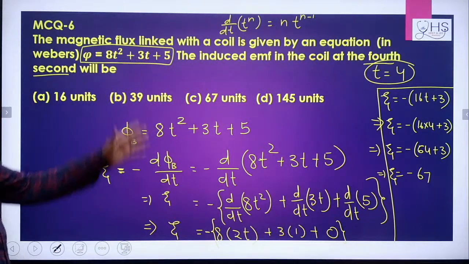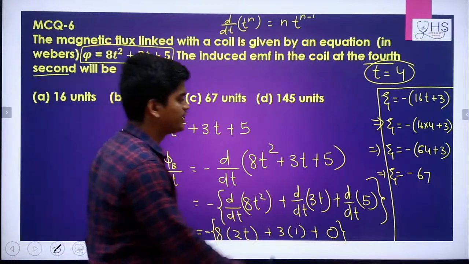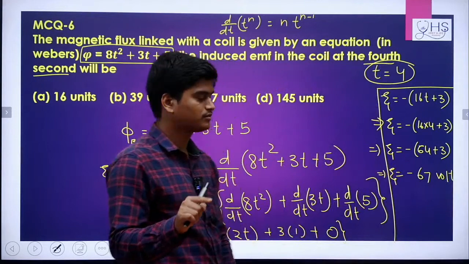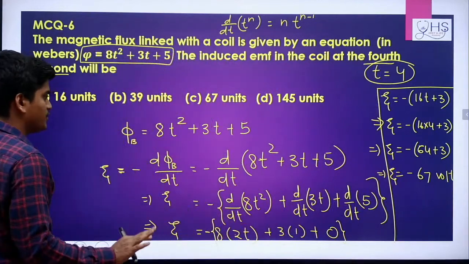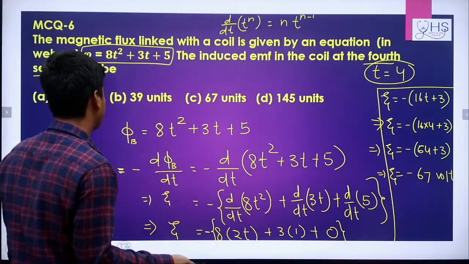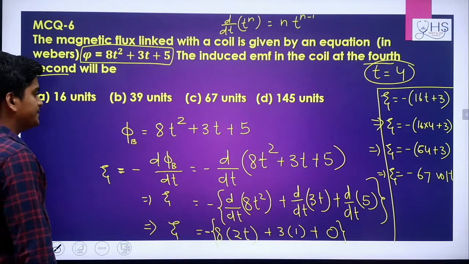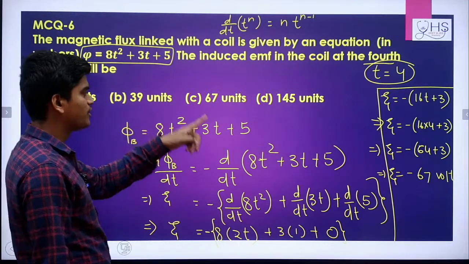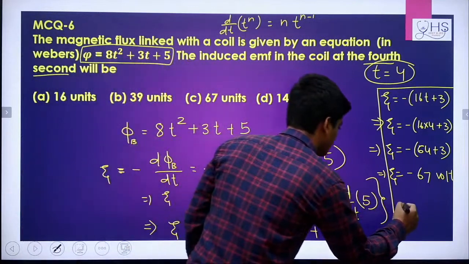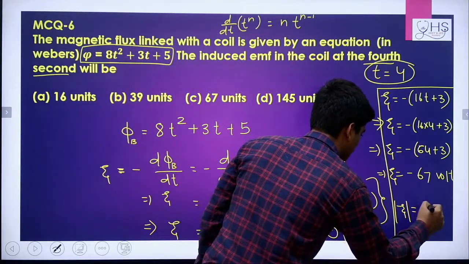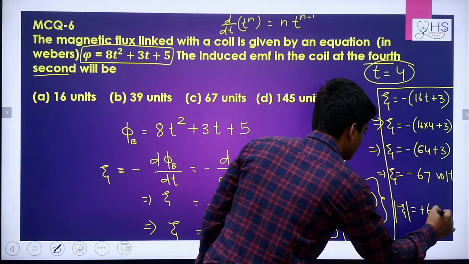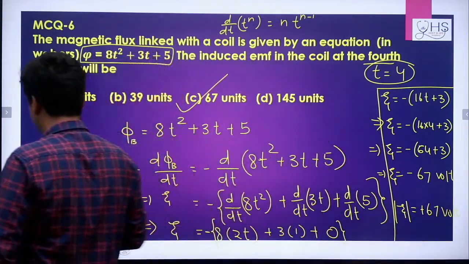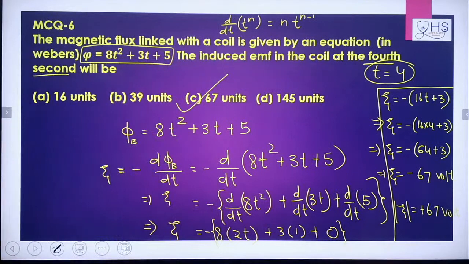If flux is given in Weber, then this will definitely come in volt, because the SI unit of induced EMF is volt. Potential difference and induced EMF have the same unit. Since minus is not given, I can understand they have taken the magnitude, so I will write it as plus 67 volt. So the answer will be option C. You can calculate it yourself, simple derivative.